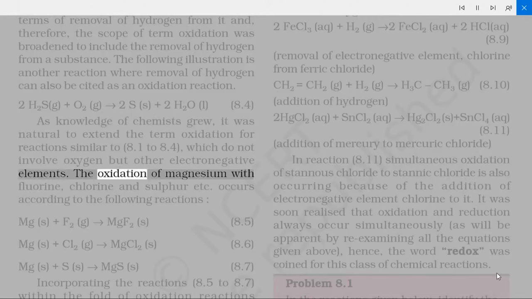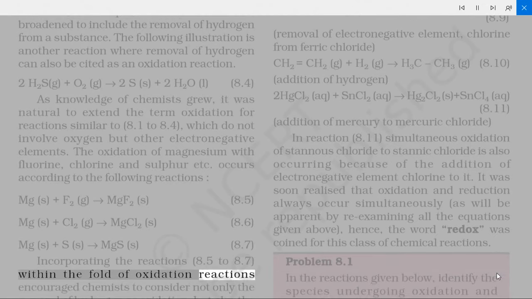The oxidation of magnesium with fluorine, chlorine and sulfur etc. occurs according to the following reactions: Mg(s) + F2(g) → MgF2(s) (8.5), Mg(s) + Cl2(g) → MgCl2(s) (8.6), Mg(s) + S(s) → MgS(s) (8.7).